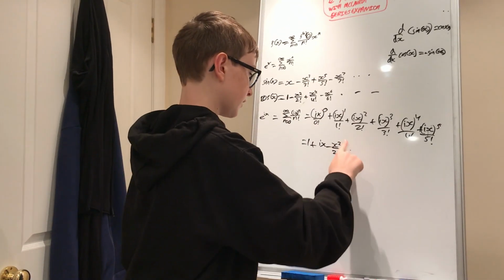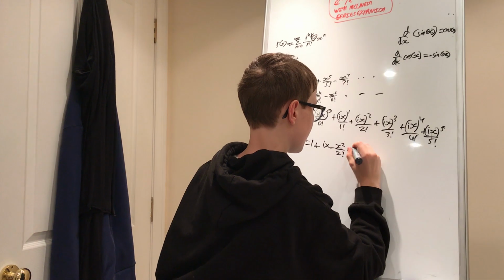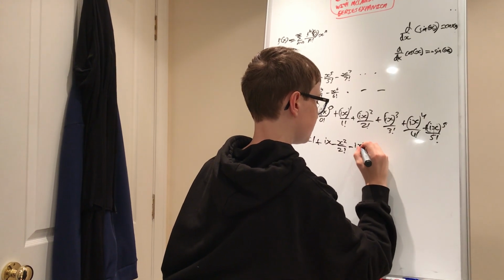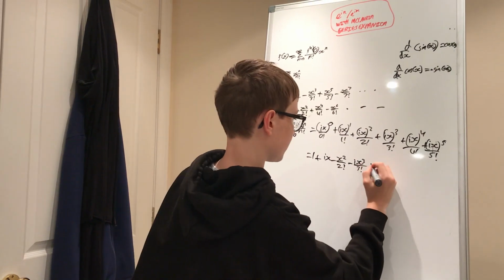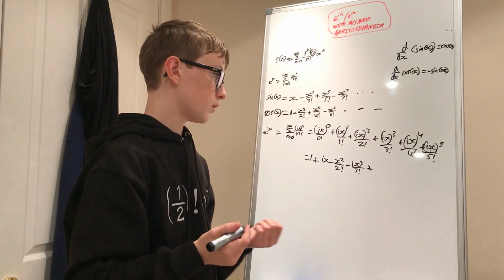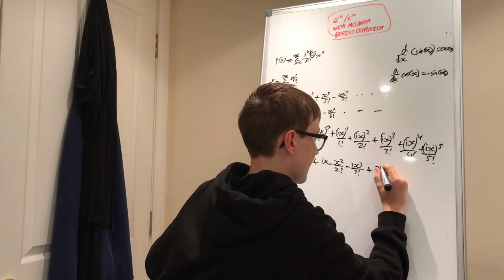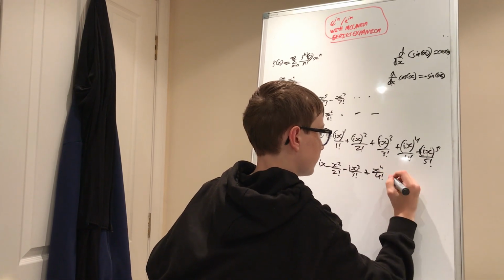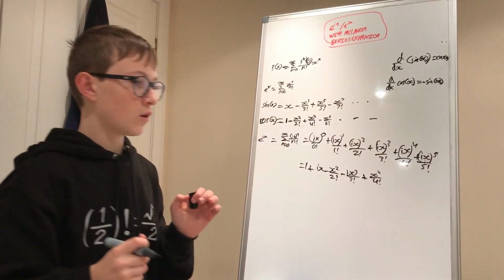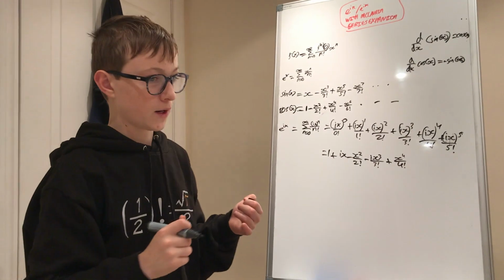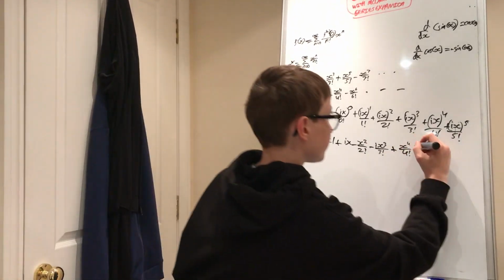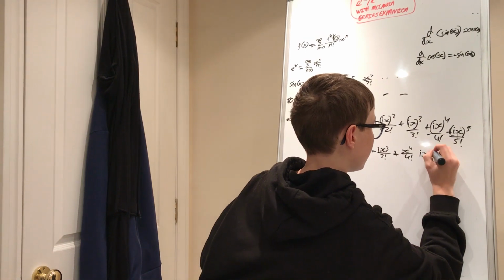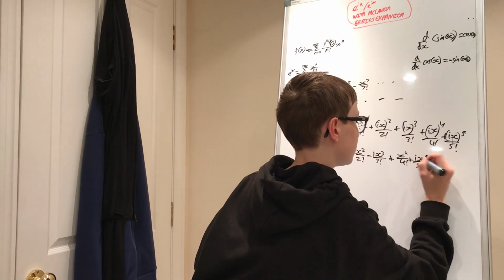So actually it's minus ix cubed over 3 factorial plus i to the power of 4 is 1, x to the power of 4 over 4 factorial, and then i to the power of 5 is just 1 times i, which is positive i, so ix to the power of 5 over 5 factorial.